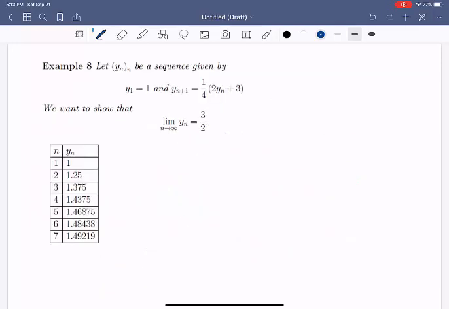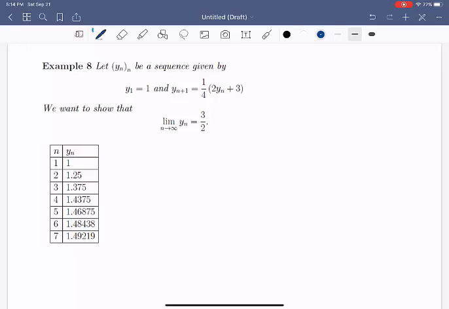All right, so let us consider the following sequence, which is not explicitly given, but in fact is defined recursively. We know the first term, and we know a relationship between two consecutive terms, namely y sub n plus 1 is 1 over 4 times 2 times yn plus 3.